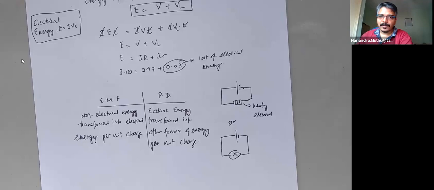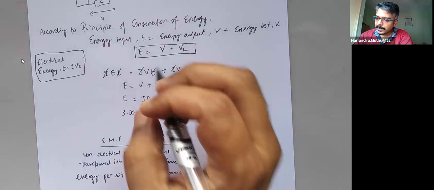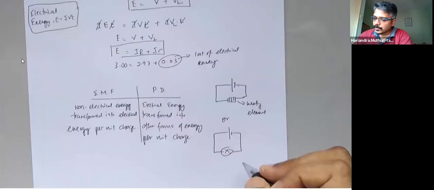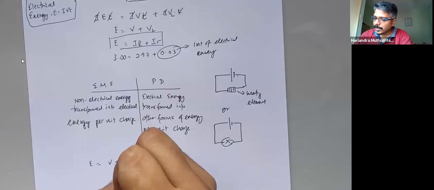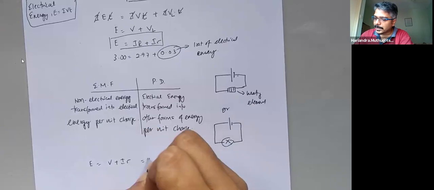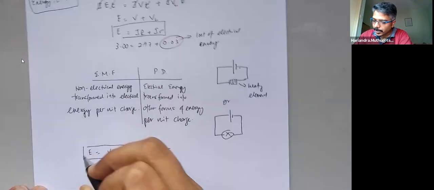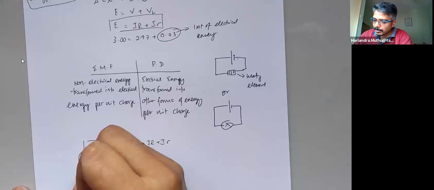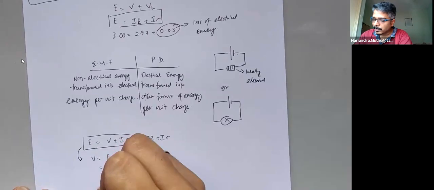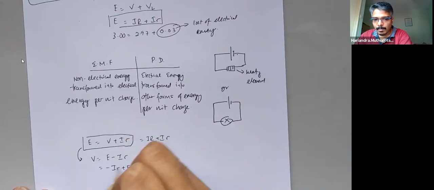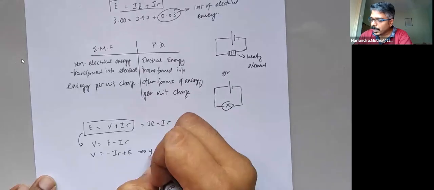What is the graph related to this formula? We're going to look at the graph. E equals V plus IR, or IR plus Ir with small r. I'm going to use this equation to show the graph. Rearranging, V equals E minus Ir, compared to y equals mx plus c.